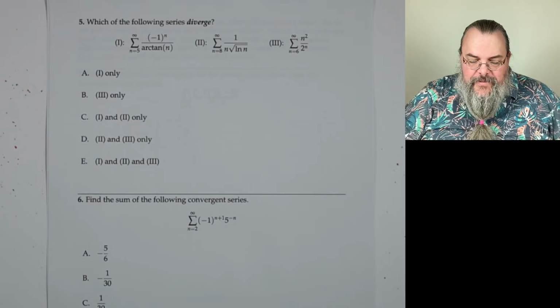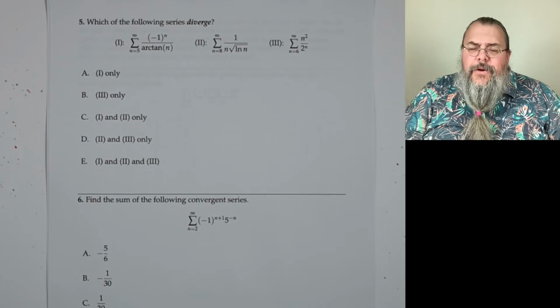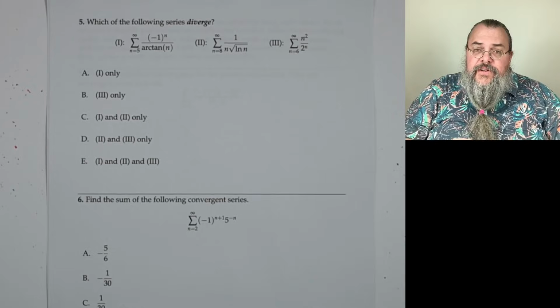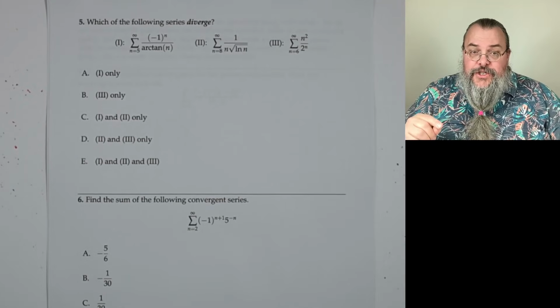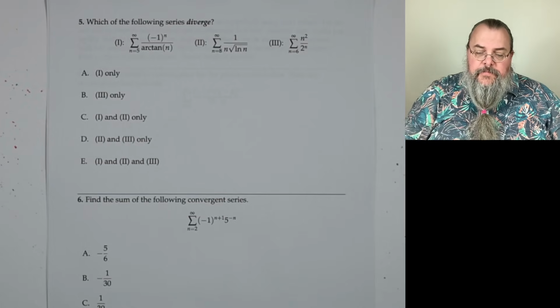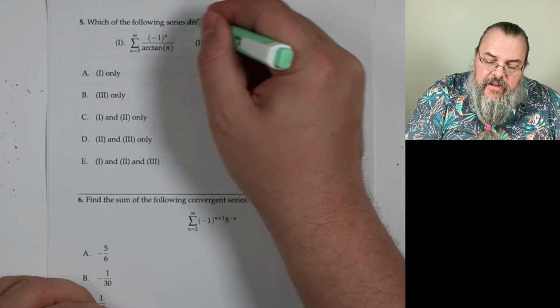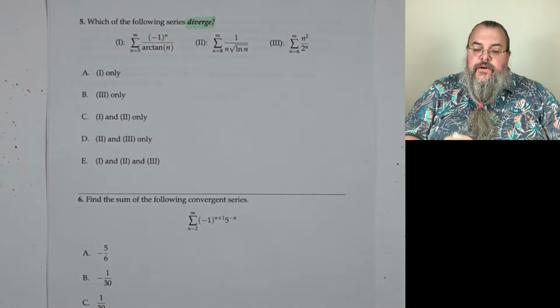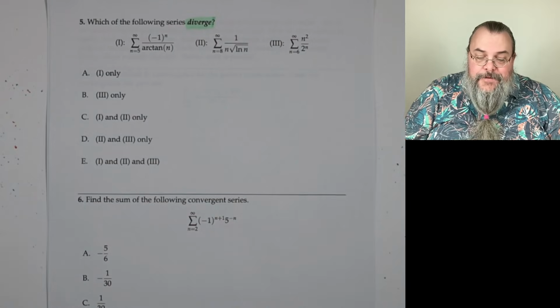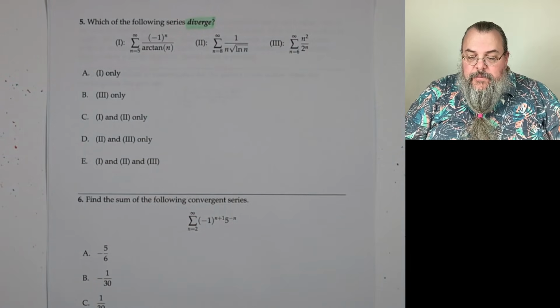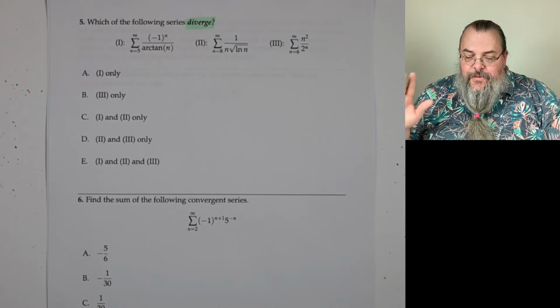So, all right. Well, what's going on? We're asked which of the following series diverge. Okay, so let's be careful here. Notice how they made it bold and italicized. So we want to find those series which are not converging. So we say, okay, well, with that in mind, what's going on?